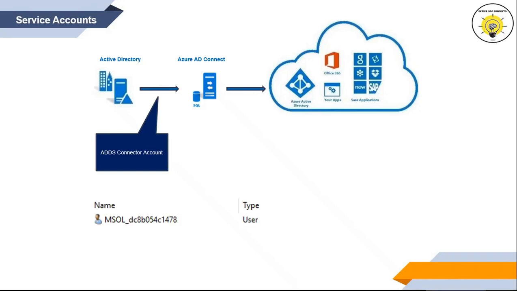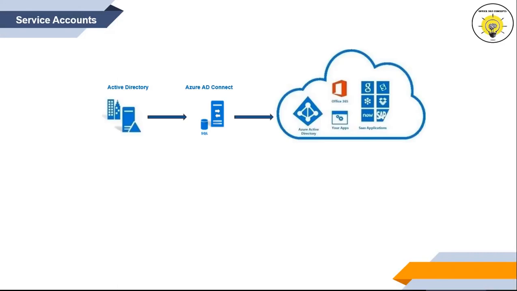This account has a prefix MSOL underscore and then there will be a random number. This account is created in user's container and this account has a long complex password that doesn't expire. If we use custom installation settings, then we have an option to create a custom ADDS connector account.